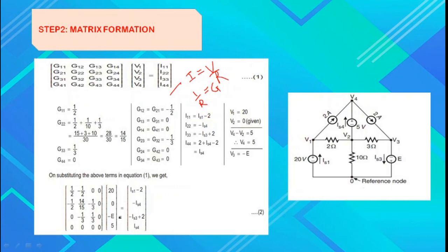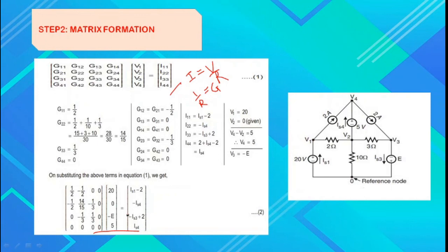But here, as you can see, this particular last row of the matrix shows IS4 is equal to 0. So if we consider this particular row, the 4th row of equation 2, here we get IS4 is equal to 0. So we have one particular definite value, that is IS4 is equal to 0.